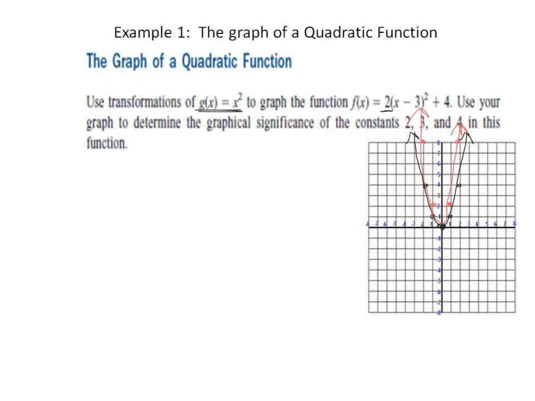Okay, now next thing we need to do is any shifts. The 4 on here means I need to go up 4, and the 3 means I need to go to the right 3. But if you think about it, that's the vertex, so that tells me where my vertex is going to be anyway. So if this is here, that's my vertex now.